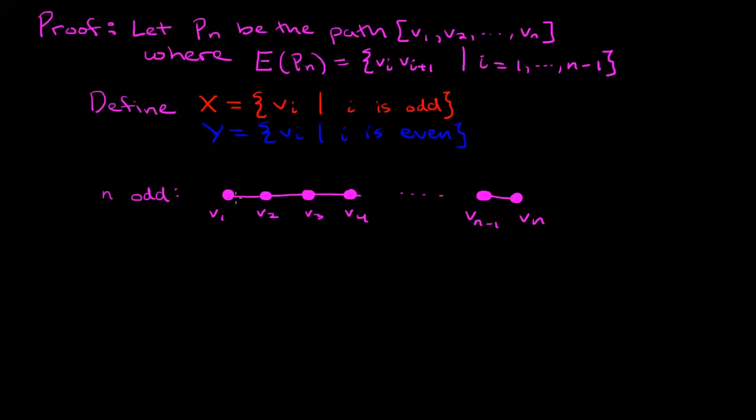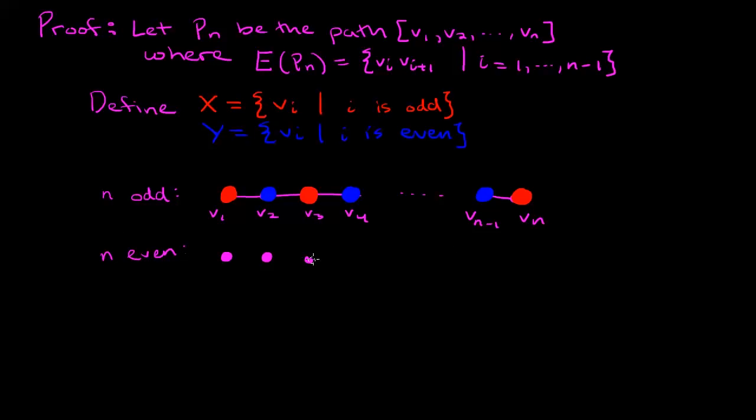By our definition, the vertices that belong to set X are V1 and V3, and we keep going choosing all of the odd vertices until we get to the end, and since n is odd, we choose Vn. And the other vertices belong to the set Y, so we have V2, V4, all the way up to Vn minus 1 belonging to the set Y.